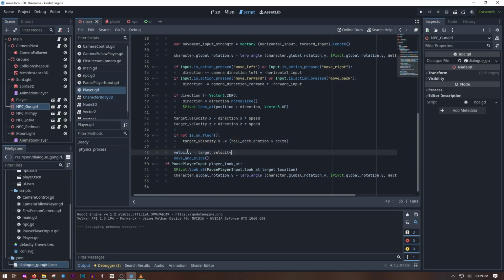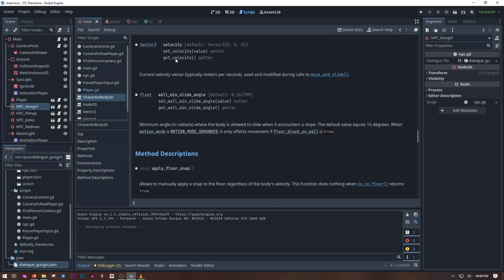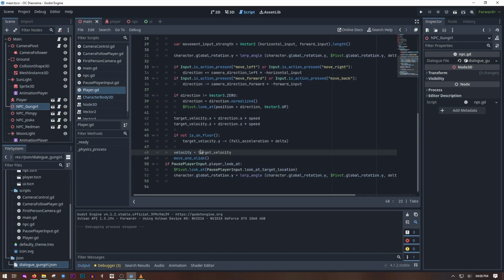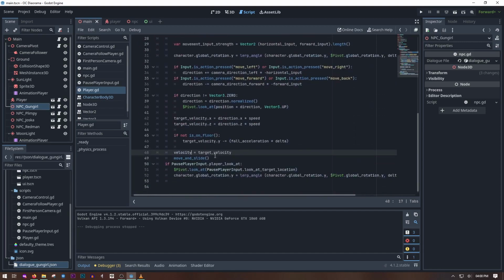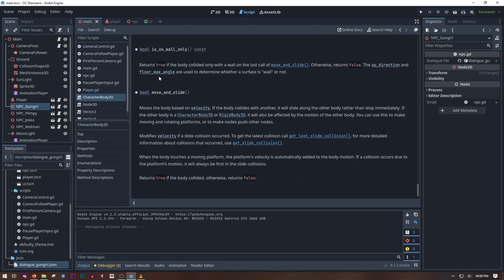Velocity equals target velocity, and the velocity is a thing. So I've defined a variable called velocity, but it only becomes velocity if I say the velocity bit, this light baby blue version of velocity. It's the serious one. It's the real one. This is just a made up little fake one that I designed myself in my back garden. And then move and slide moves the body based on velocity.